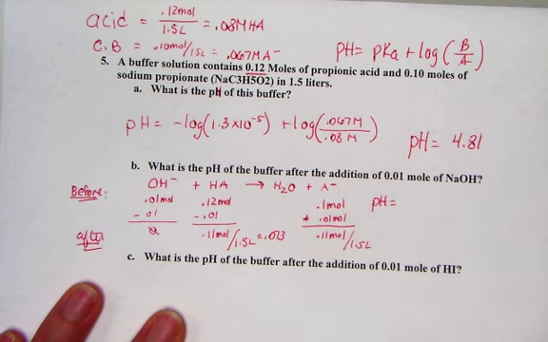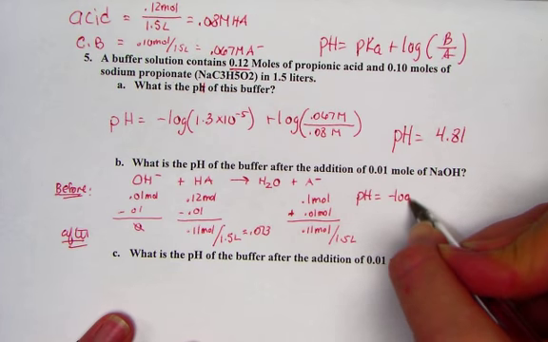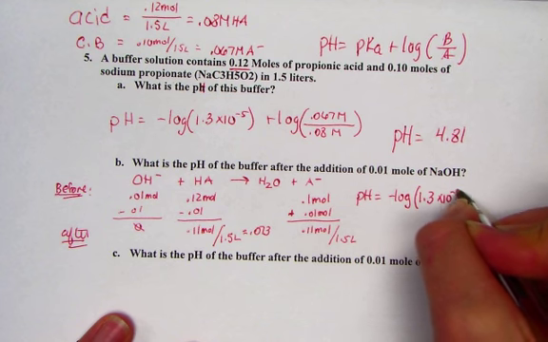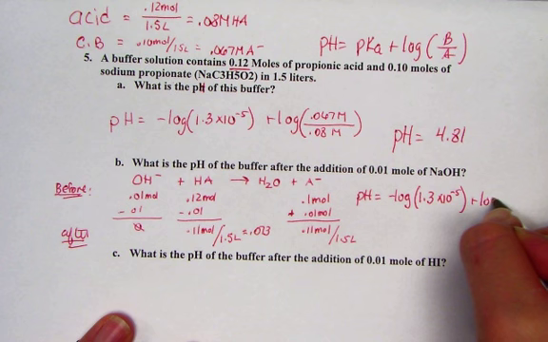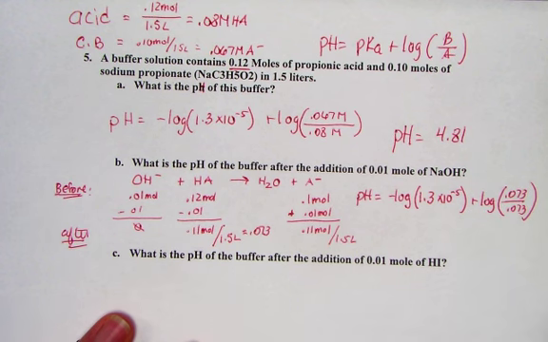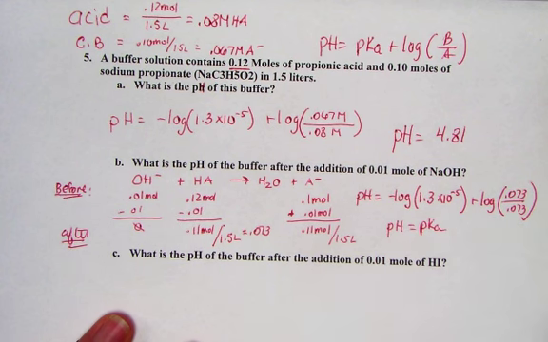So pH is found using Henderson-Hasselbalch as negative log of the Ka, 1.3 times 10 to the negative fifth, the propionic Ka, plus the log of the ratio of base over acid, which we said both came out to be the same number, so we can see this portion just dropping out. So when they are indeed the same, pH does equal pKa.